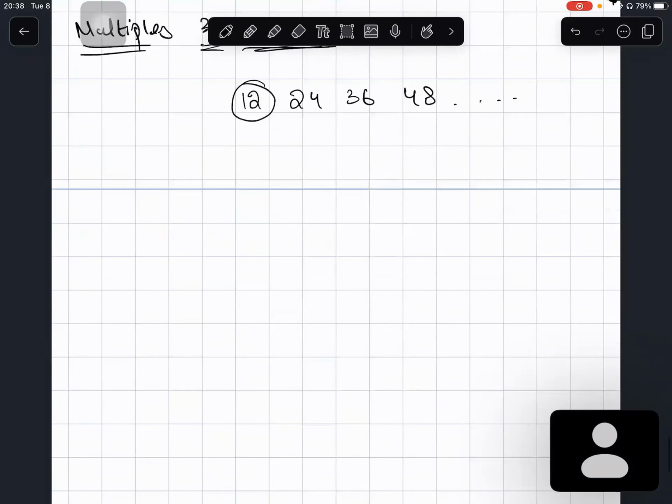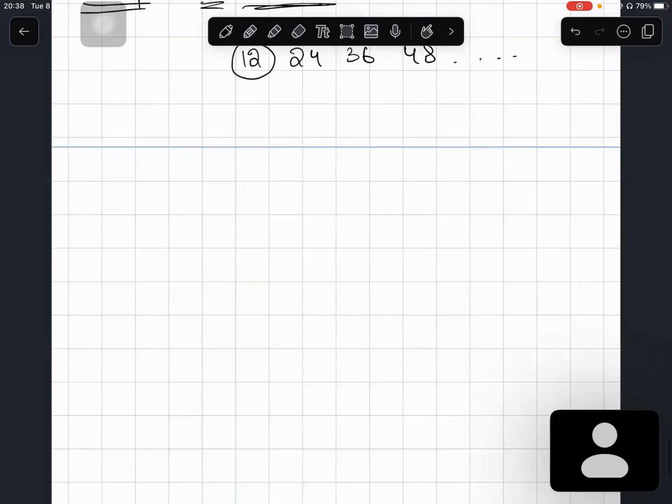So, okay, let's write a little bit of definitions so that we can go through them if you're ever confused.